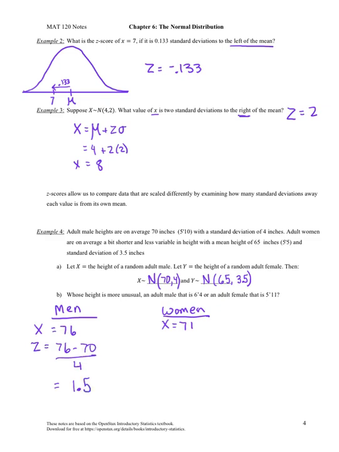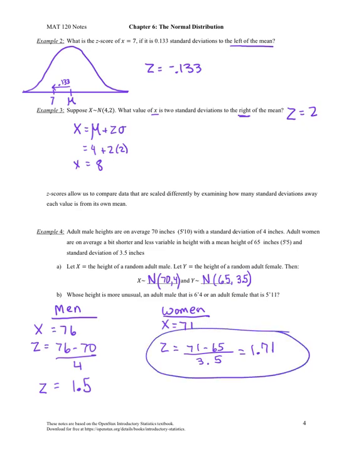So we have a z-score of 1.5 above the average for the men, and for the women we have a z-score of 1.71. So this has a greater z-score, which means a woman's height of 71 inches or 5'11" is more unusual than a male's height of 6'4".